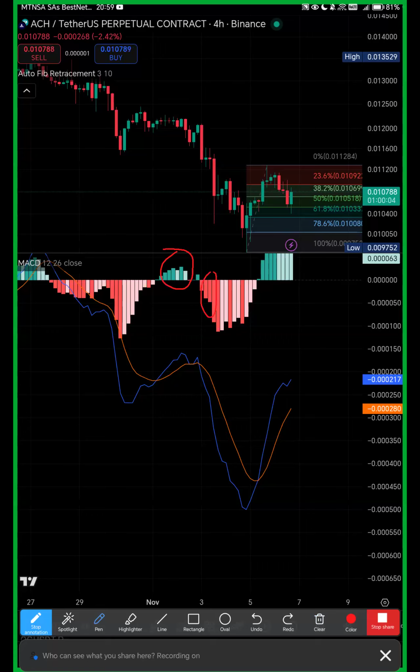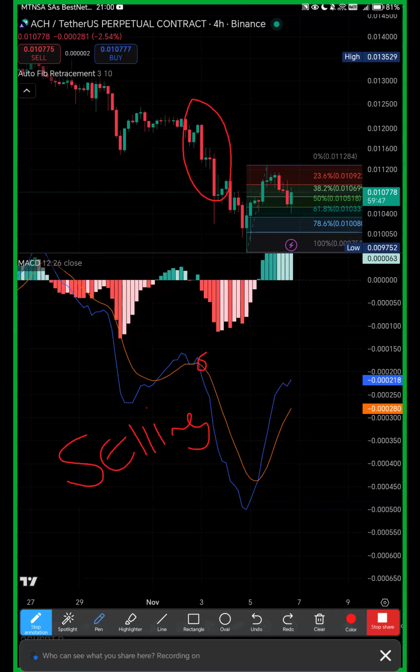So initially, when these lines are parting ways, it tells you how much volume is up here, whether it is a selling volume or a buying volume, which you can also call pressure. So there is a selling pressure on top here. There is also a buying pressure on top here.